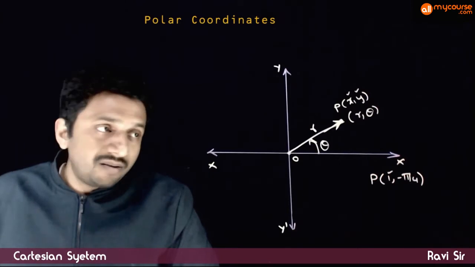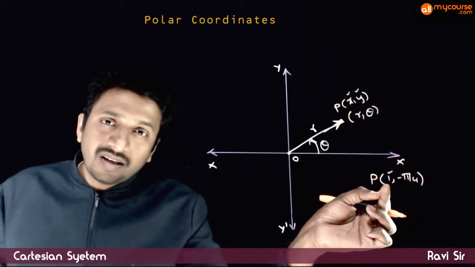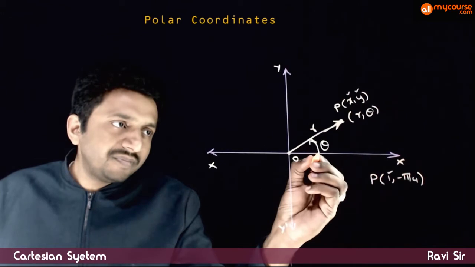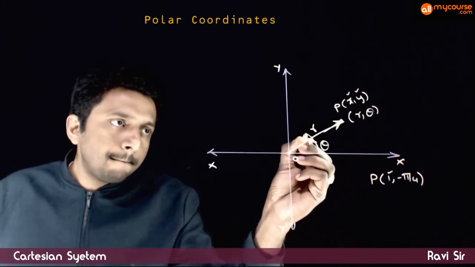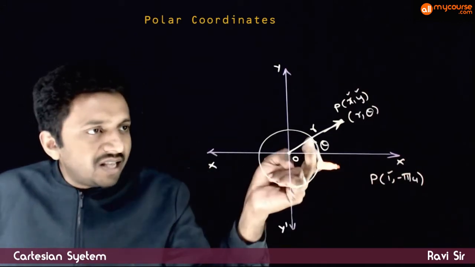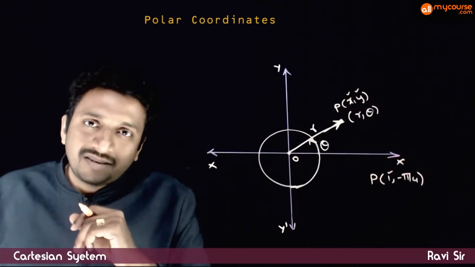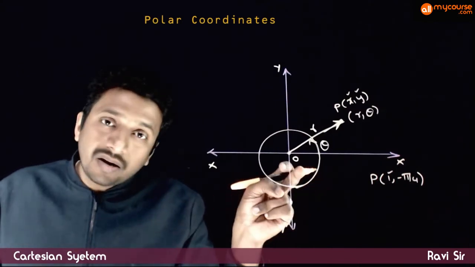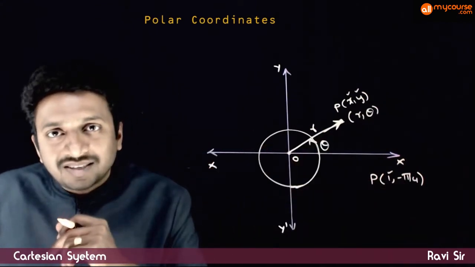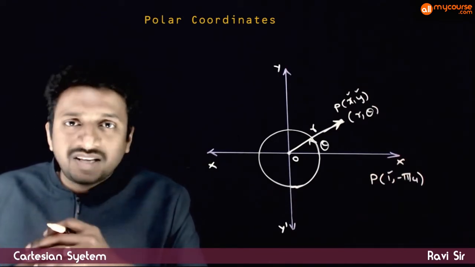So to get this point, first you draw a circle with radius equal to 1 about origin. Every point on this circle is at a distance of 1 unit from origin. Next, I want a point on this circle such that OP bar makes an angle of -pi/4 with x-axis. Minus pi by 4 means pi by 4 in clockwise direction.